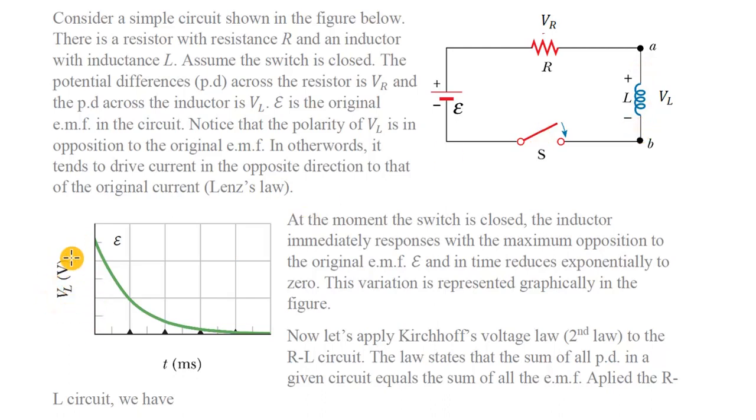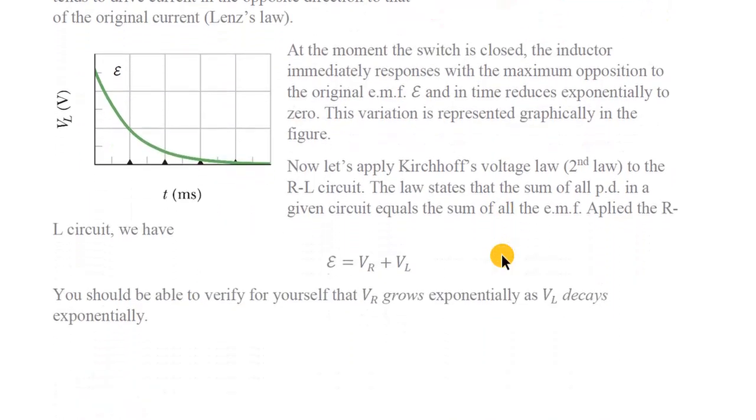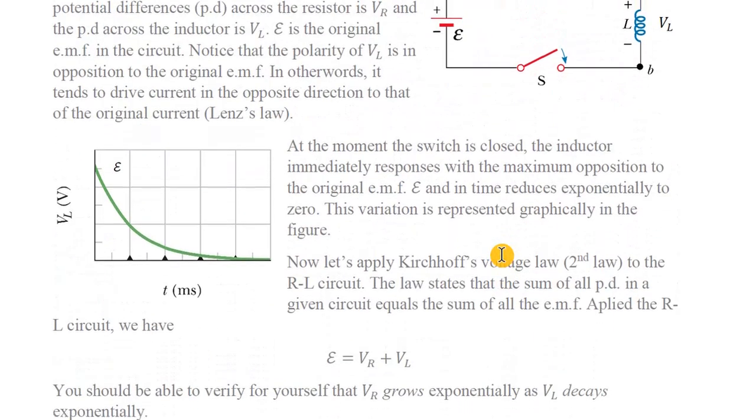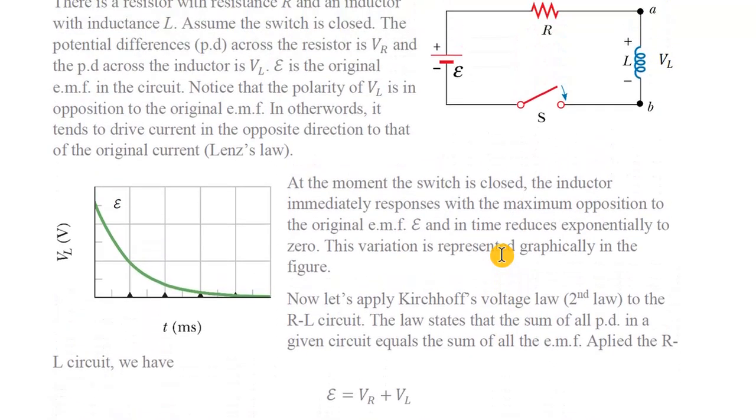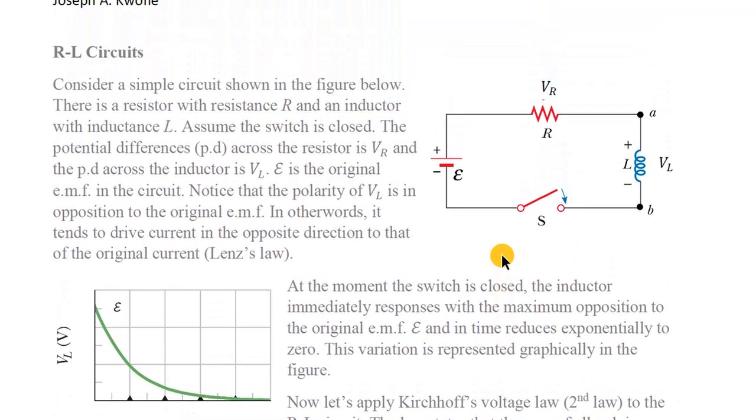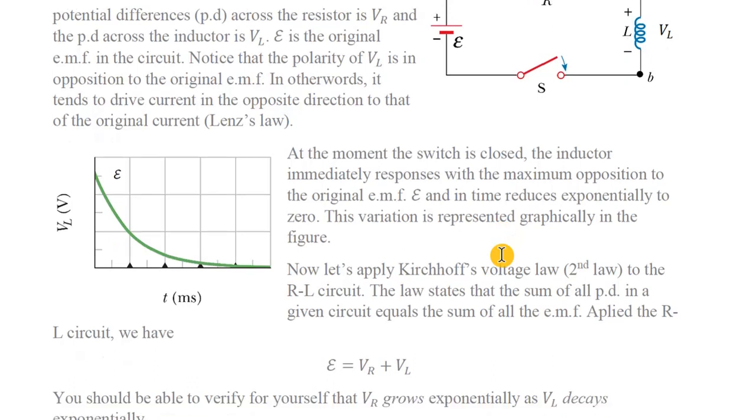So if we have this axis to be the current, then initially the current will start from 0 and gradually grow exponentially. So this is a brief description of how the inductor behaves in a circuit containing the inductor itself and a resistor.